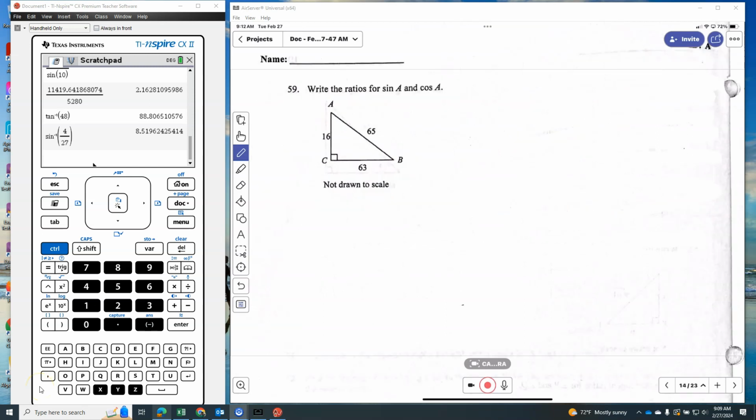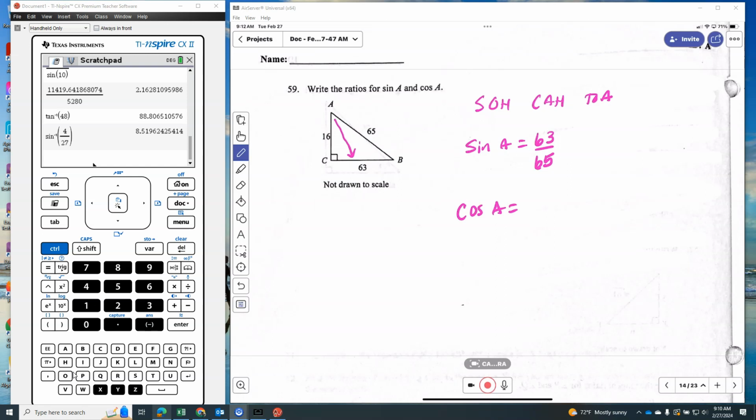So once again, we're dealing with a right triangle. Write the ratios of sine of A. So sine is SOH, cosine is CAH, and then we have TOA. So you write sine of A is opposite. In this case, opposite is 63 over the hypotenuse, which is 65. The next one is cosine.